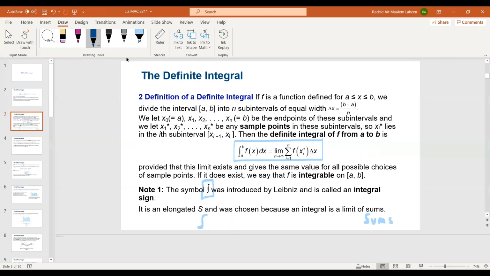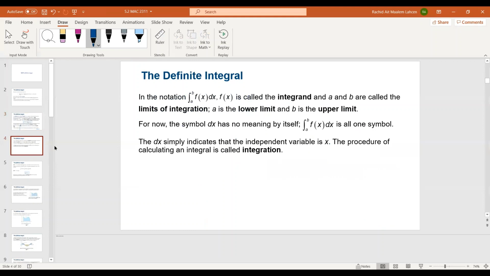If it does not exist, we say that f is not integrable. If it does exist, of course, it's integrable, like we said differentiable previously, now integrable on a, b.